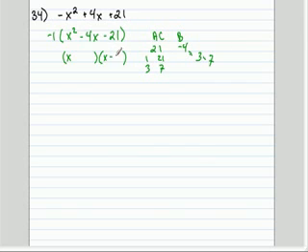So I know I'm going to have a negative 7, a positive 3, and on the outside I still have to bring down that negative 1. So I have a negative 1.